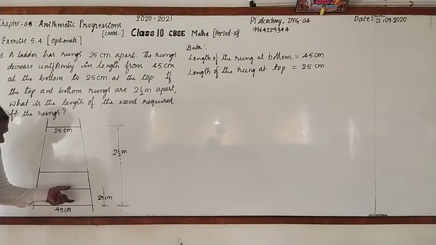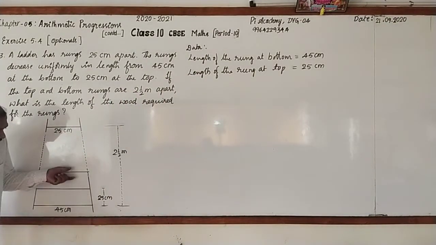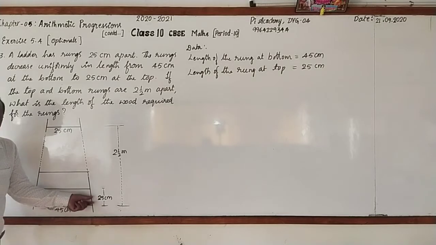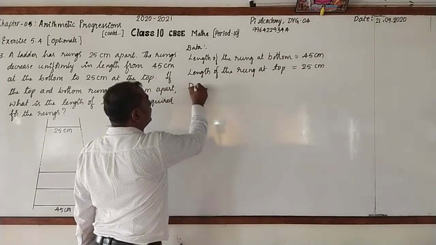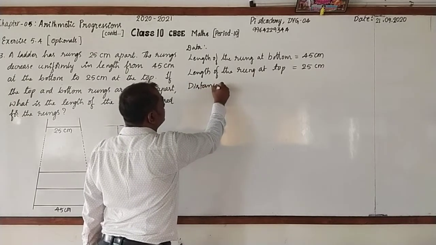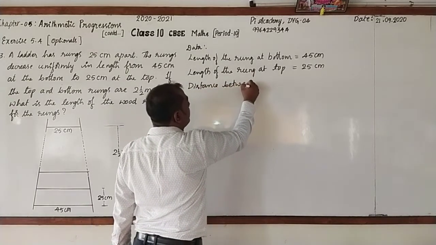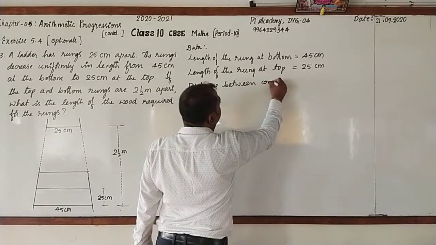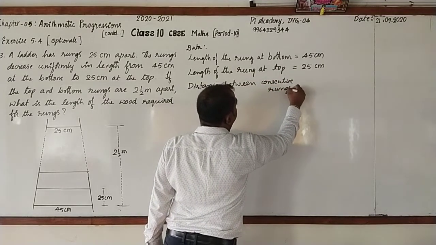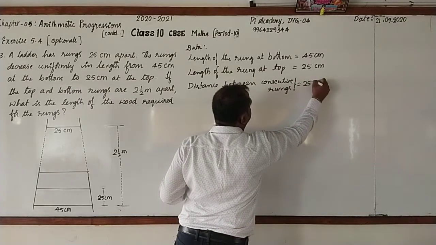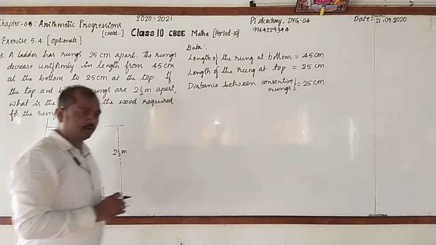Next, they have given the distance between any two consecutive rungs, it is 25 centimeter. Followed.